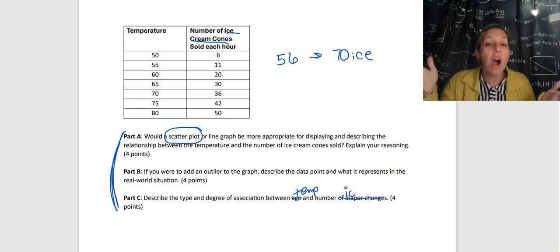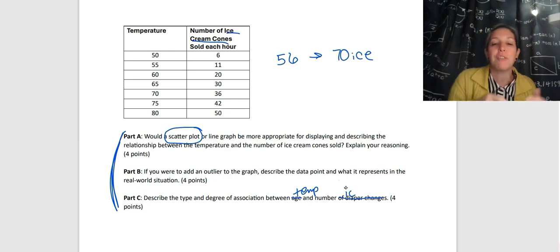It's a strong correlation, strong association. And I would say this is positive. They're both going up. As temperature increases, sales increase. I'm backwards, so that would be that way for you guys. So strong correlation, strong degree of association, and it's positive, right? So that would be your type and degree.